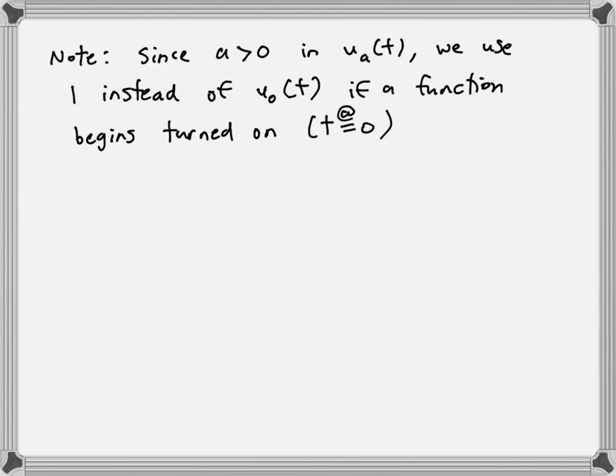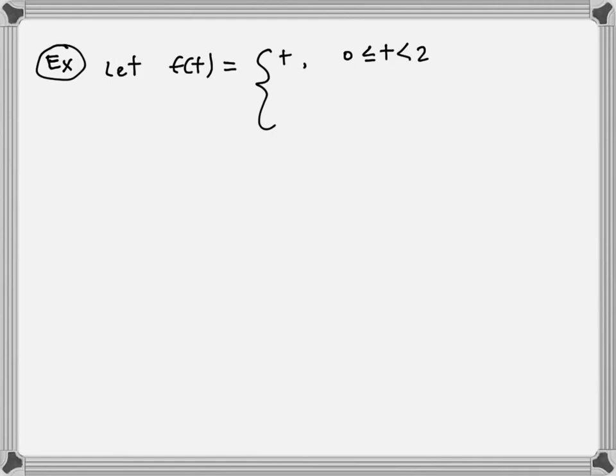Okay, so this next example is going to be fun because we get to do a more complicated piecewise function, and you're going to see just how nice the unit step function is. Okay, so we're going to let f of t be the following piecewise function. We have t if t is between 0 and 2, -1 if t is between 2 and 4.